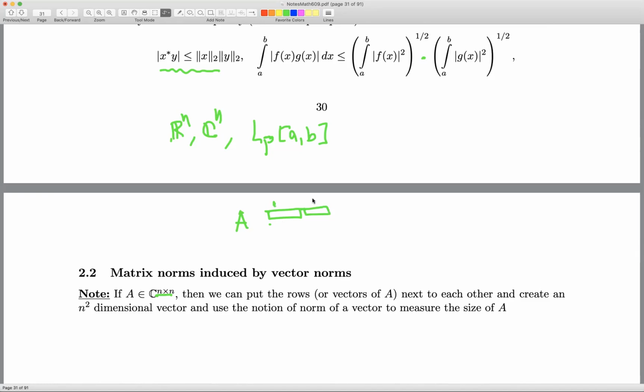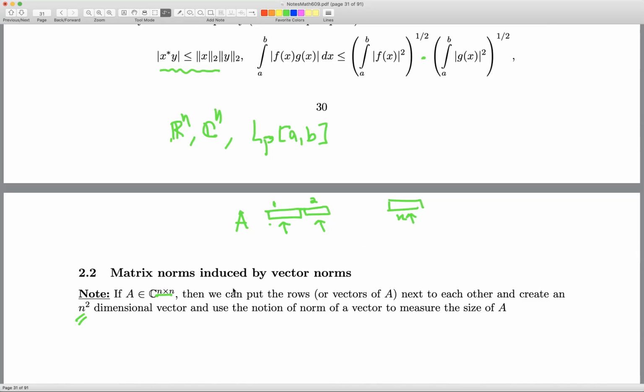So this is row 1, this is row 2, and so on, up to the last row, and this way I can create a long n squared dimensional vector, because I have n groups of n elements, each group being a row. I can then use the notion of a norm of a vector in C to the n squared to measure the size of A.